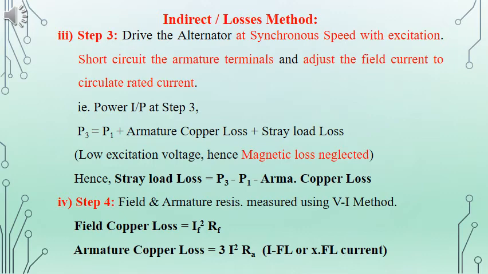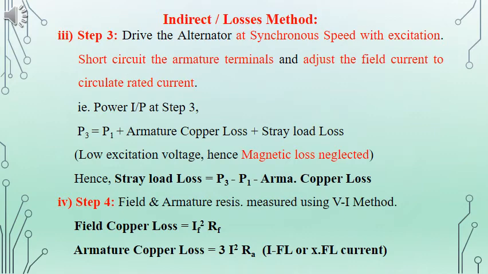And the mechanical losses are to be considered because it is run at synchronous speed. And the magnetic loss in this case is neglected just because the terminals are short circuited and the excitation current required to circulate the rated current will be less.